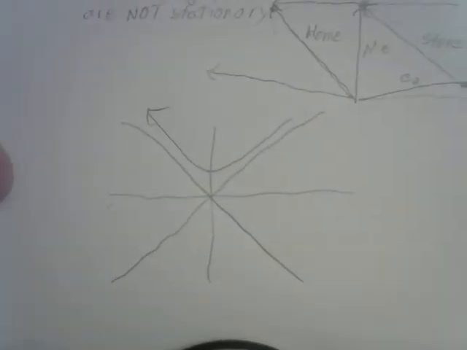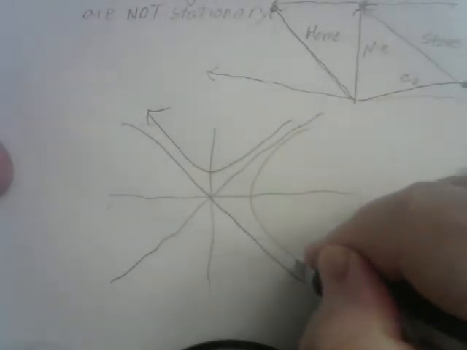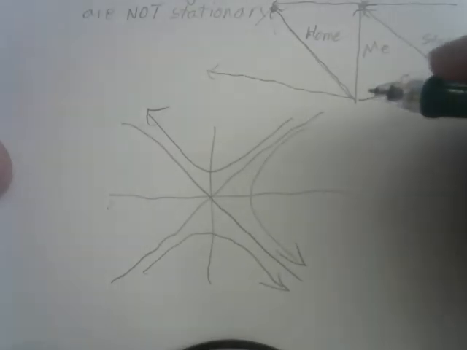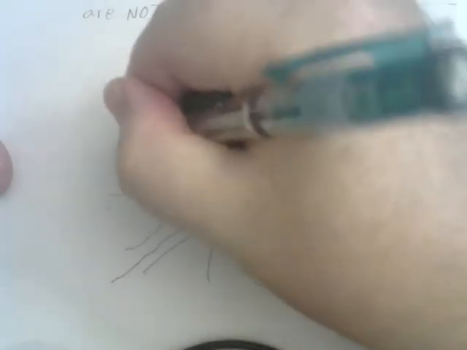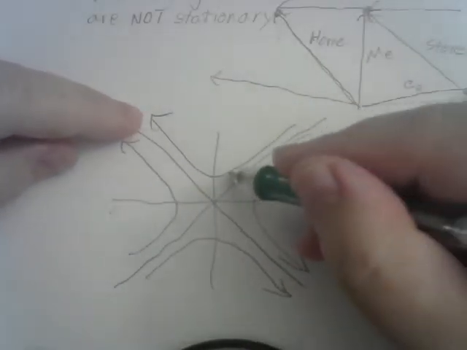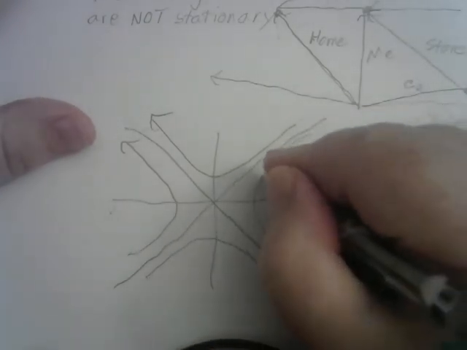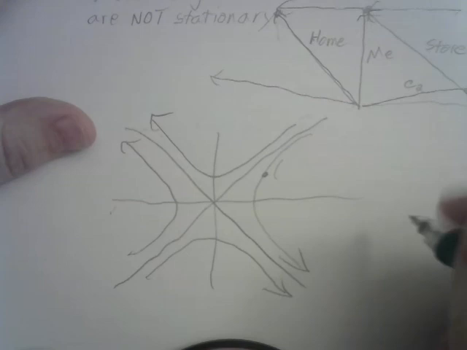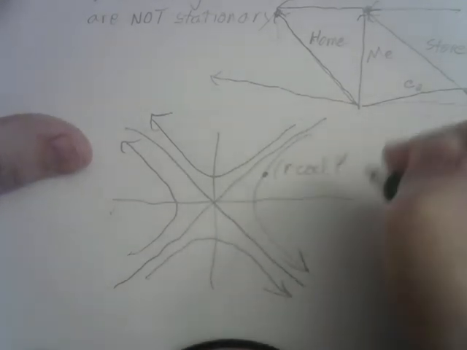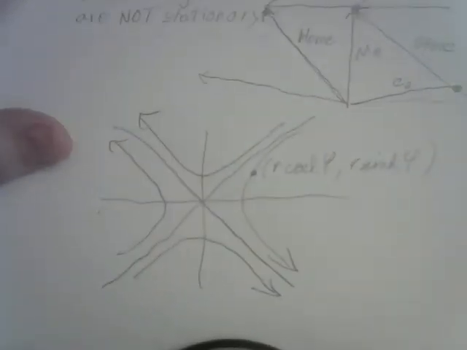All of the events in the spacetime move on hyperbolic arcs, which could be labeled something like r cosh phi, comma r sinh phi, because that's how to represent hyperbolic arcs.